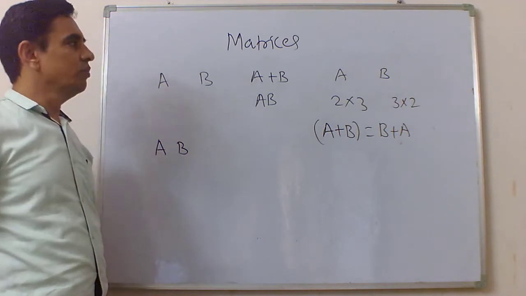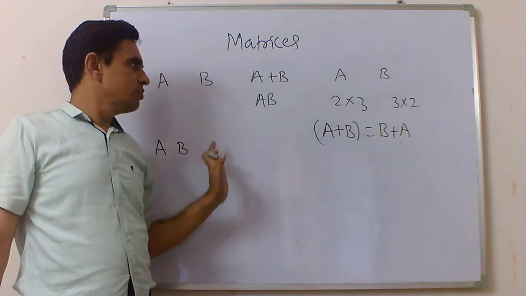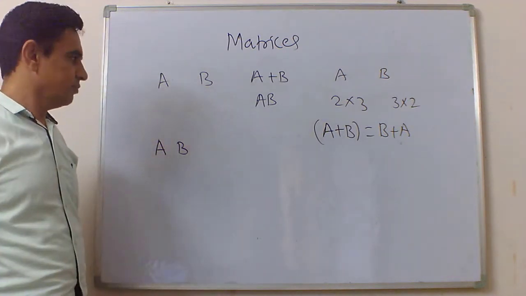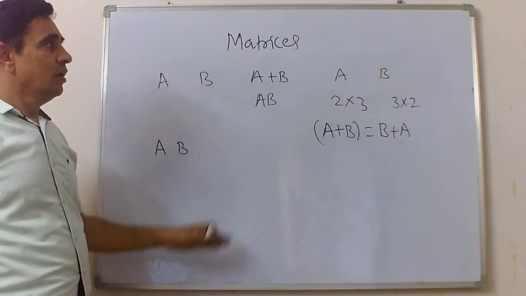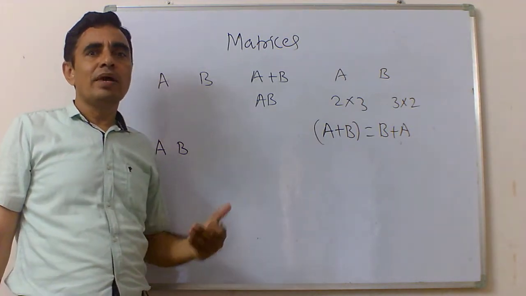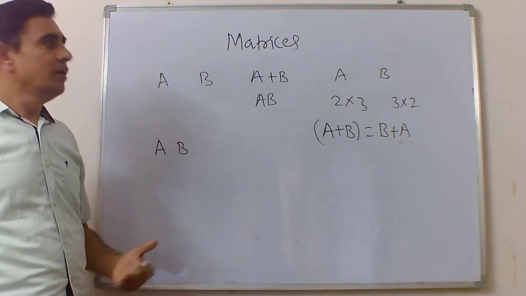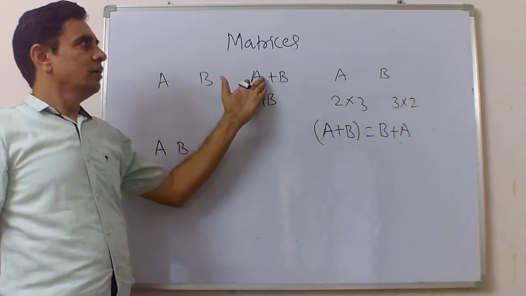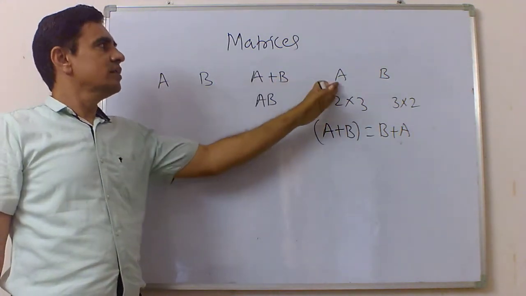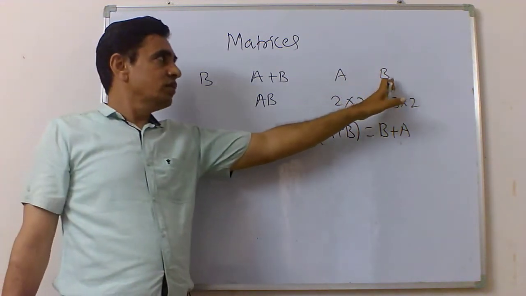A and B are two matrices, then A into B is called the product of these two matrices. To take the product of A and B, the matrices must satisfy one condition. Like this, if we want to add two matrices A and B, they must satisfy one condition, which is that the order of A is equal to the order of B.